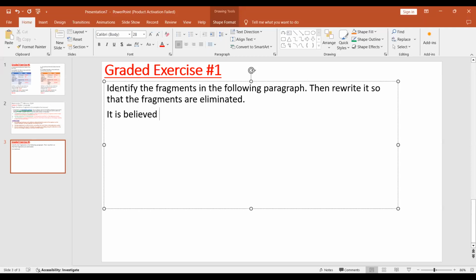It is believed 13 species of mammals are native to the Bahamas. Of which 12 are bats.